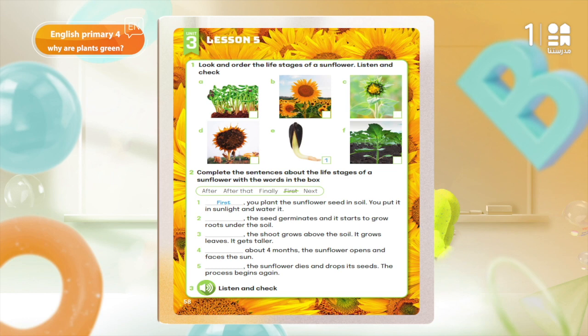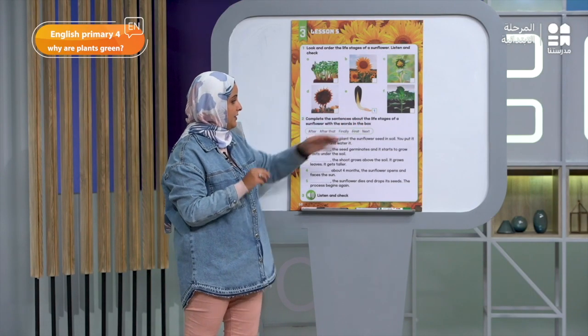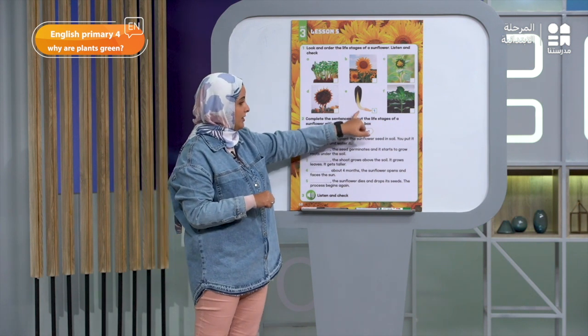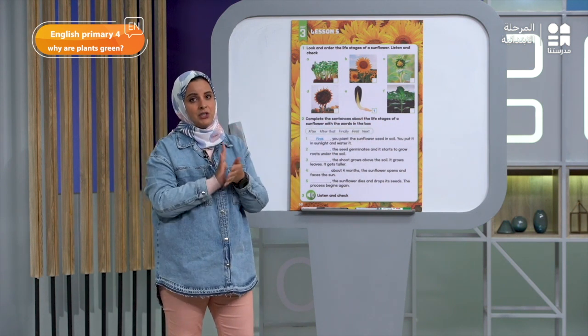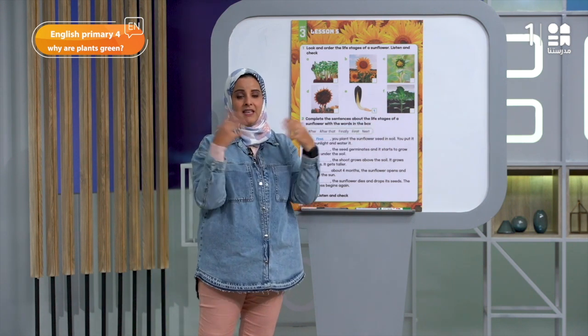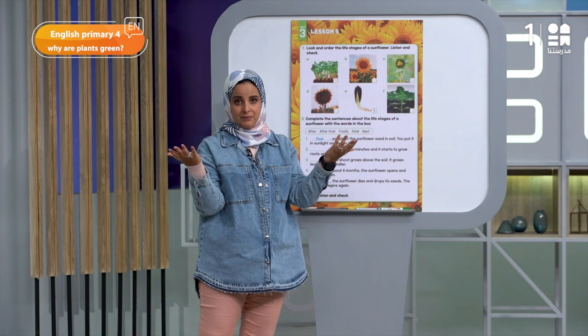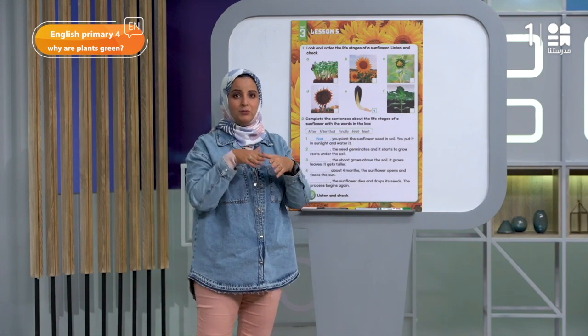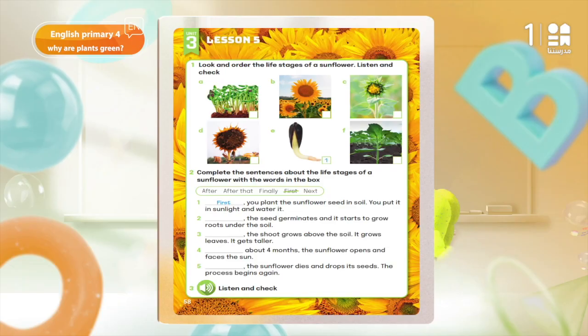We see the seed that we planted in the soil. هنا بنشوف السيد اللي احنا حطيناها في السويل where it started to grow the roots under the soil. What can we see here? The leaves of the sunflower. تعالوا نقول مرة كمان. So A. The shoots. الplants الصغيرة.